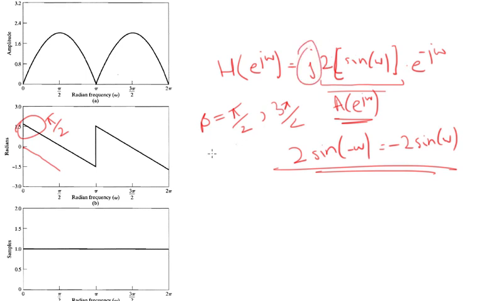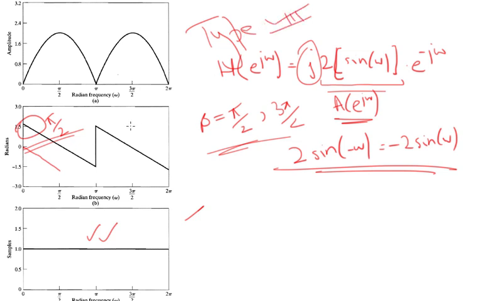This j will introduce an additional phase of pi by 2 or 3 pi by 2. So your phase is starting from pi by 2. Moreover, your group delay is constant, which is the requirement of generalized linear phase systems. So this is a type 3 FIR filter.